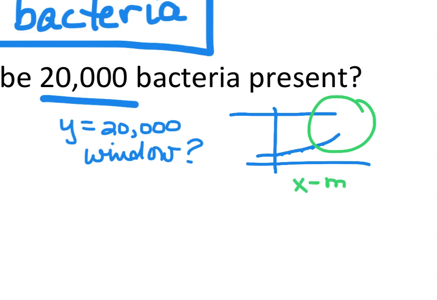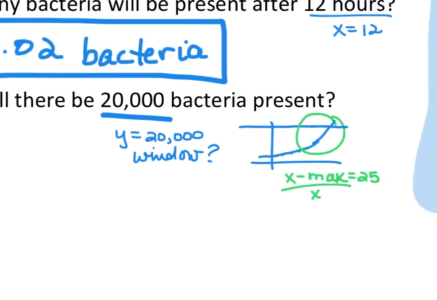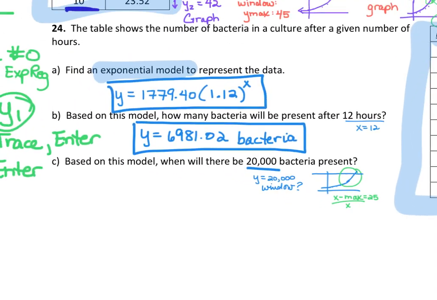And so when I change my x max on mine, I found that x max equals 25 works really nicely. And so that graph then ends up connecting out there when I've brought out the x max to 25.